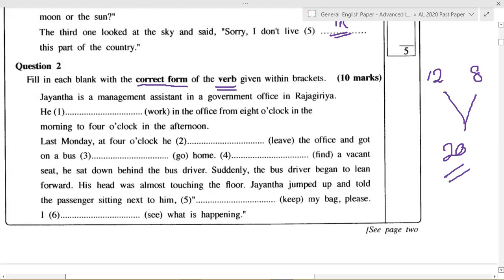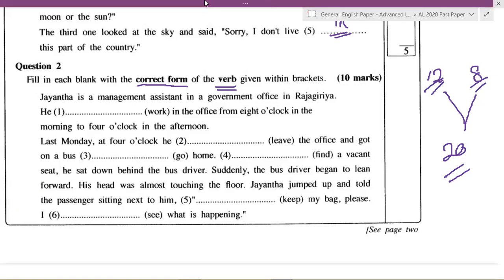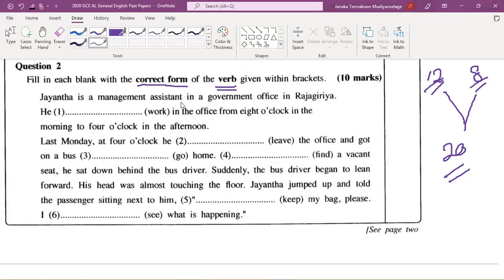If you are thorough with these 20 tense patterns, if you have understood what is what, then you can answer these questions pretty easily. Let's see how we can deal with it.